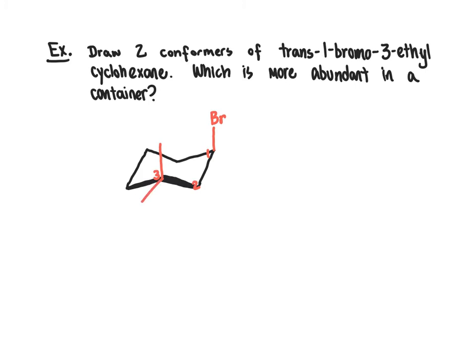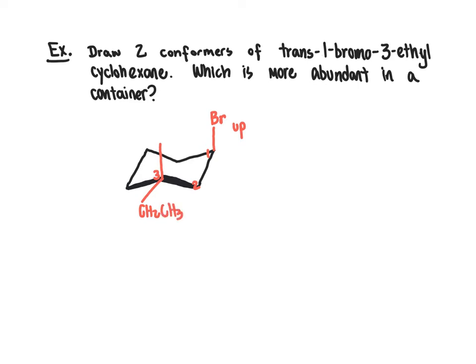So which would we want to do here? For purposes of keeping in mind that this is the trans version, we put our first bromine group in the upward position above the carbon atom that it's bonded to. So therefore, at position 3, the group we plug in needs to be below the carbon atom that it's bonded to. In order for these to be trans, the two groups have to be on opposite faces. So I'm going to go ahead and fill in the bottom line here with my ethyl group, CH2CH3.